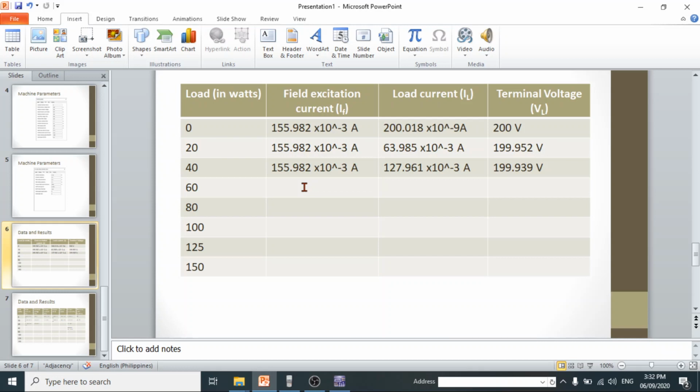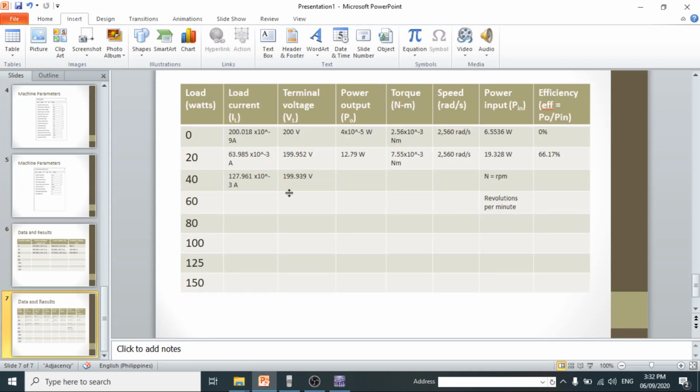You will then be asked to write the report corresponding to this activity. This would be for table number 1, so you fill up all the data in this table and then you continue.